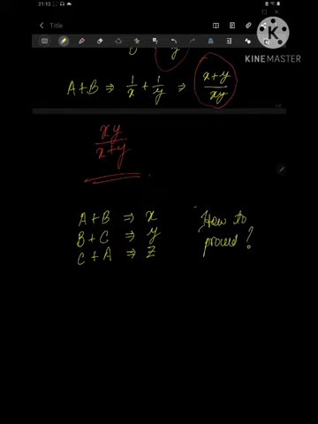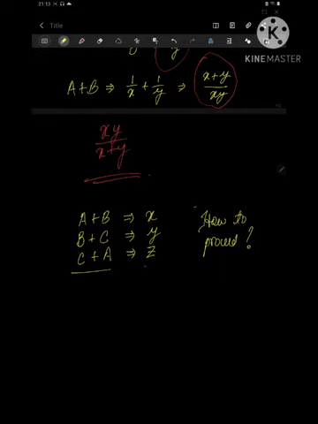Over here we can see a kind of symmetry that there are two A's, two B's, and two C's. All of them are 2, 2, 2 each. So there is a kind of symmetry.